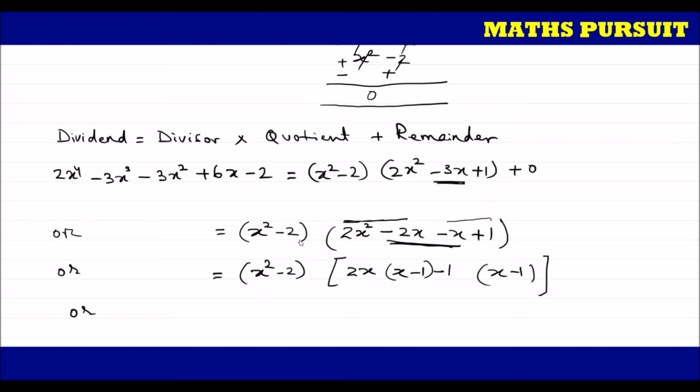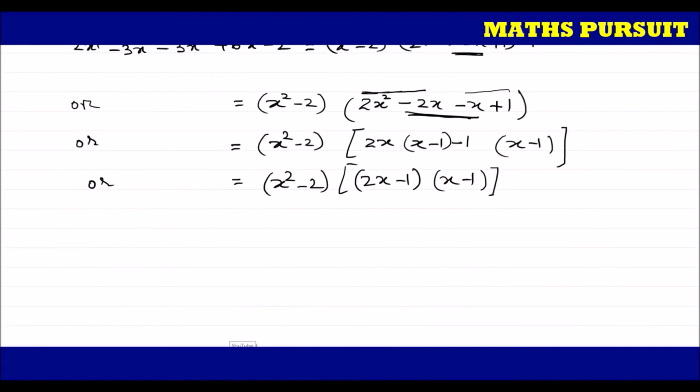So I can write this one as x to the power 2 minus 2, and this one as 2x minus 1 into x minus 1. So guys, what we got? You could see the things that we got.